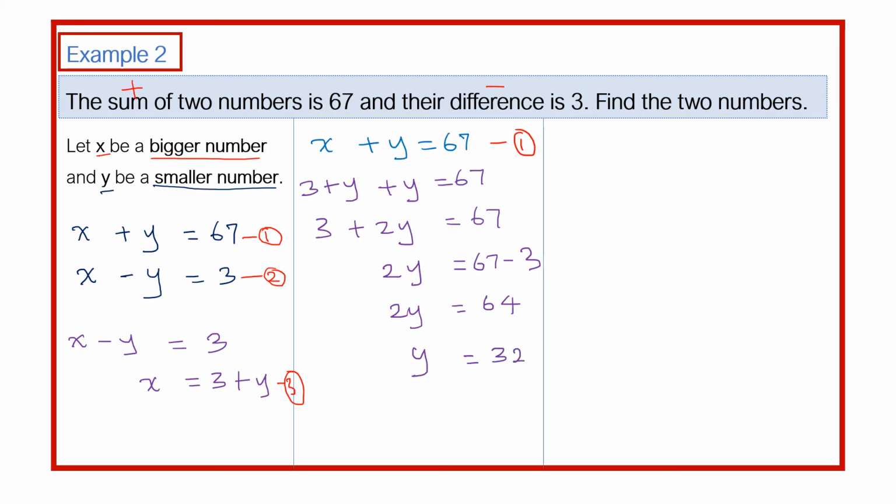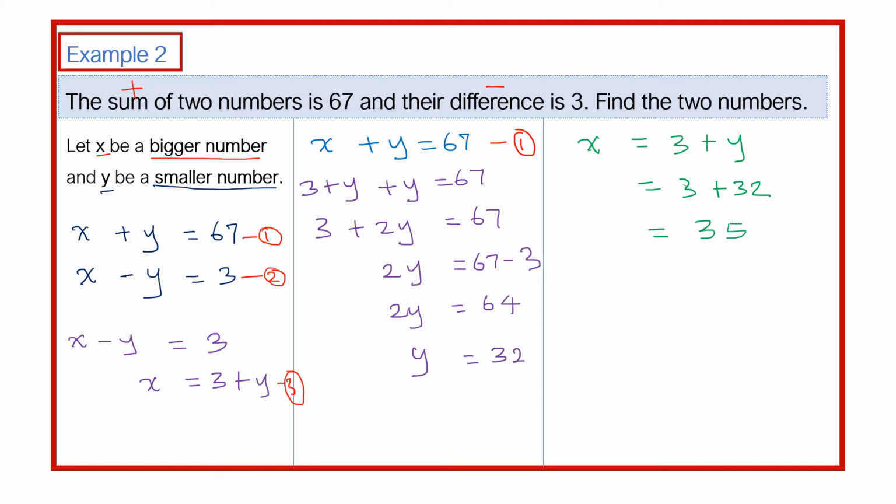We know that this is equation number 1. So, x is 3 plus y, 3 plus y, then plus y equals 67. So we get 3 plus 2y equals 67. So 2y equals 67 minus 3. And 2y is equal to 64. Therefore, y is equal to 32. Okay? Now, since that we have got y, let us find x. Remember, we said that x equals 3 plus y. So that is 3 plus y, which is 32, and that is 35.